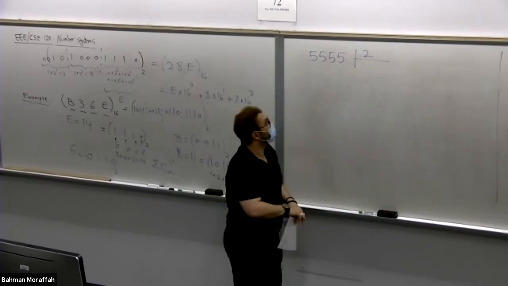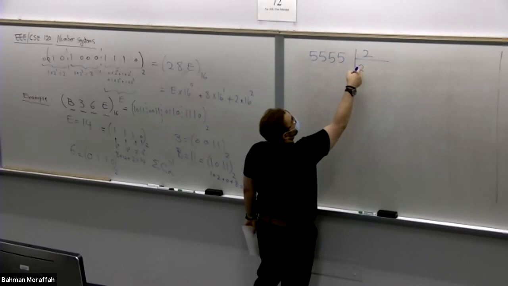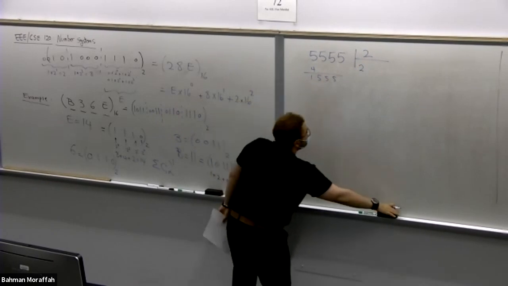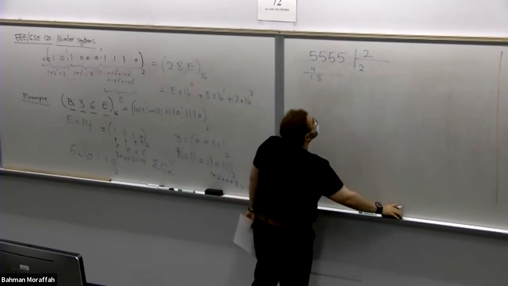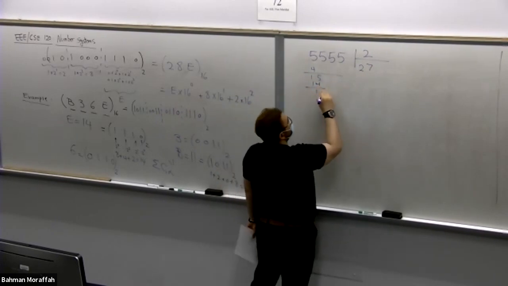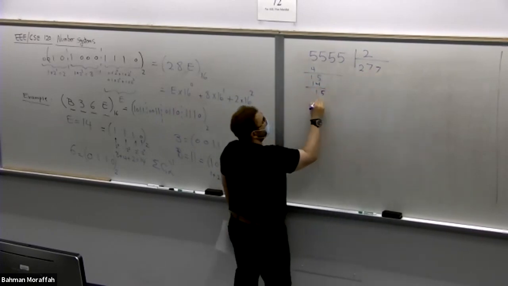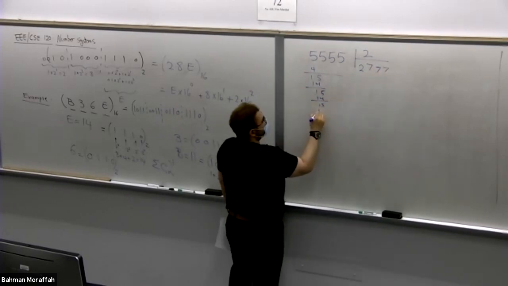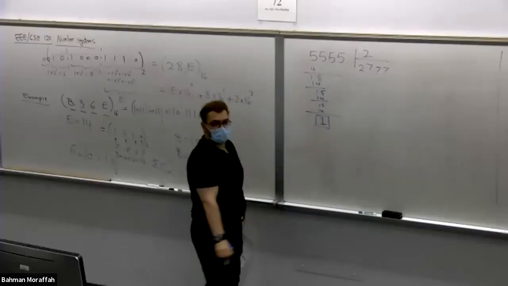I get 2,777: 2 times 2 is 4, that's 1,555, then I have 7, so it's 14, and the remainder is 1.